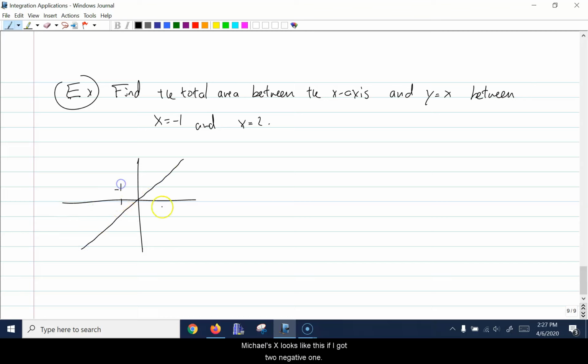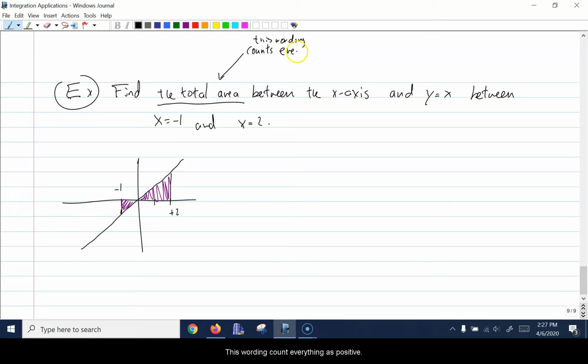If I go out to -1 and +2, then we're talking about this area. And the thing to understand is find the total area. The word area counts stuff as positive. This wording counts everything as positive. So just computing the integral from -1 to 2 of x will give the wrong answer.